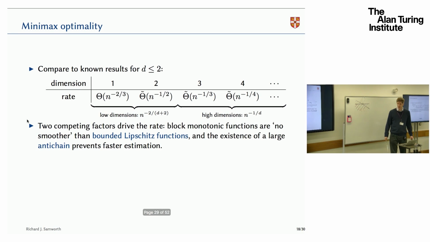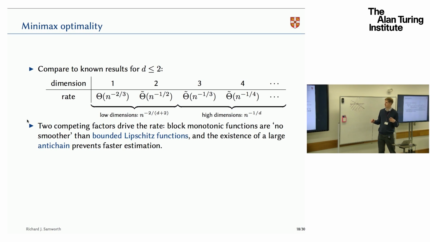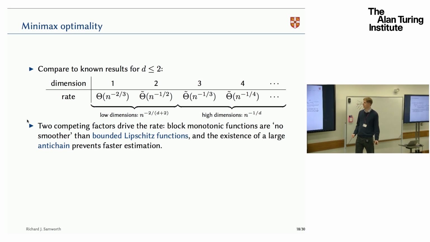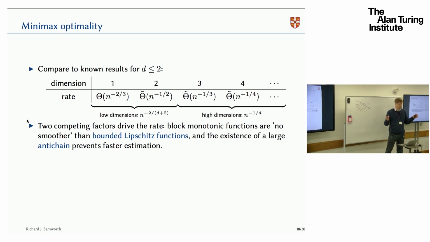And it's caused by two competing factors, one of which you can think of as the length of the longest chain, which is basically related to the smoothness properties of bounded Lipschitz functions, or bounded Hölder 1 functions. And then on the other hand, you've got the large antichain.